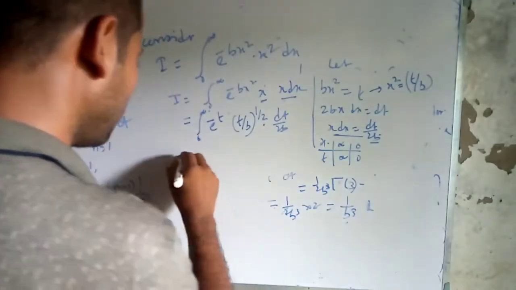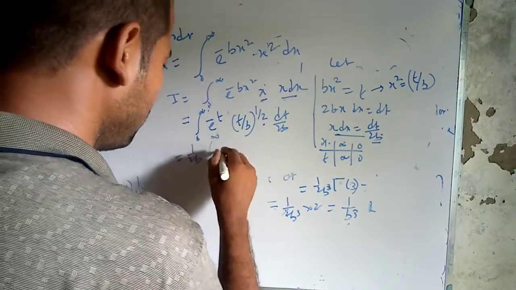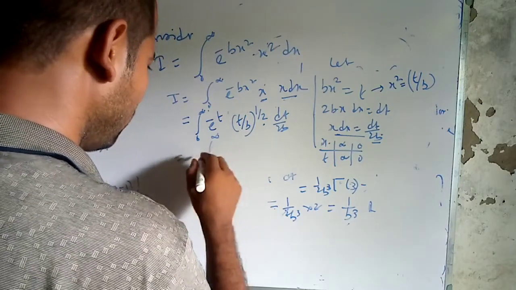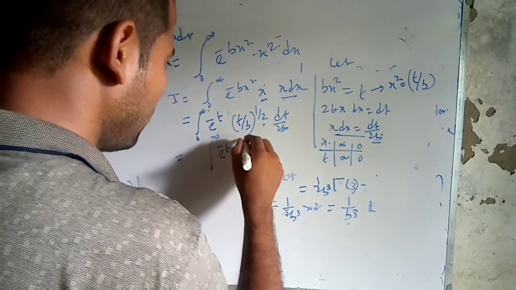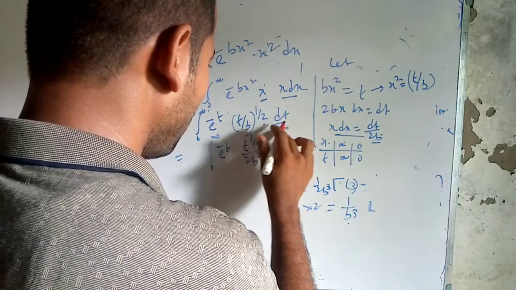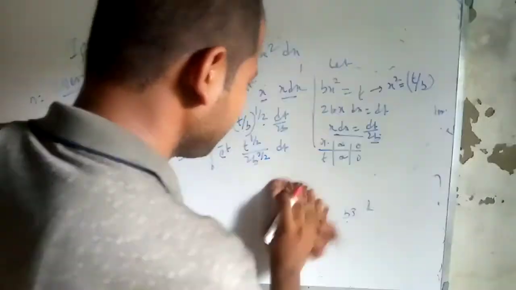The constant term will be out of the integration, 0 to infinity, e to the minus t, hence t to the half is equal to 1 by 2b to the 3 by 2 into dt.